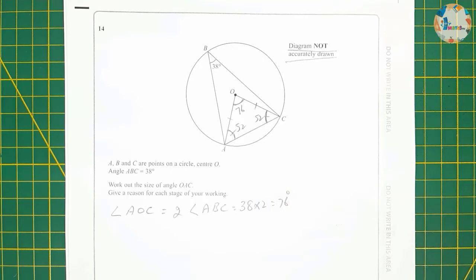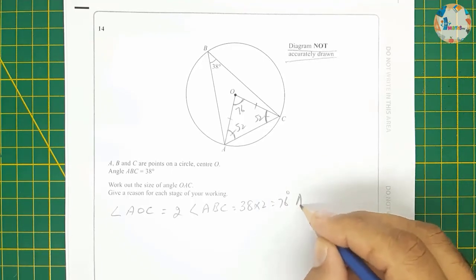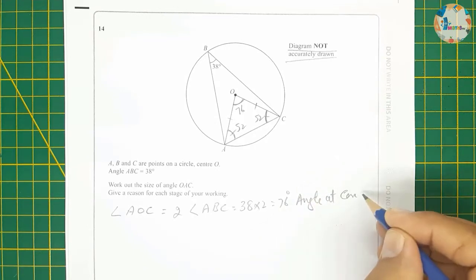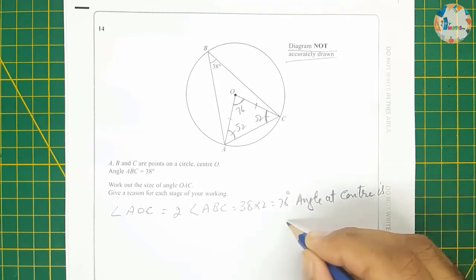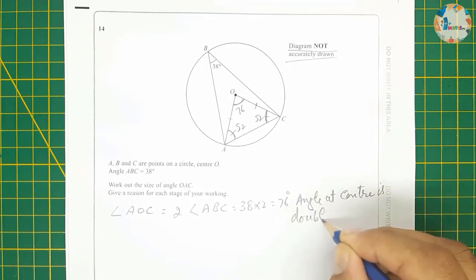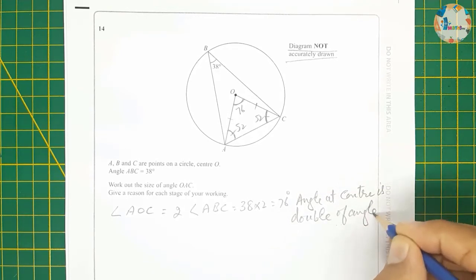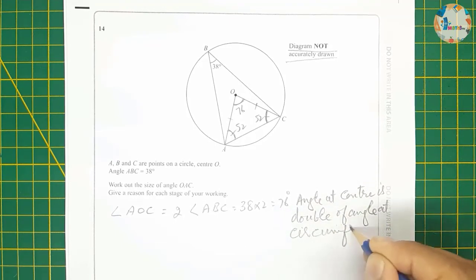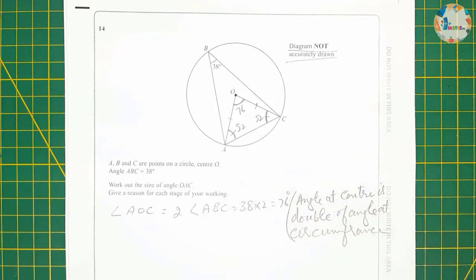And for this one, the reason we will write is: angle at center is double of angle at circumference. So this will be our reason for this step.